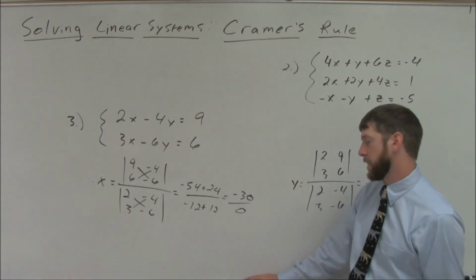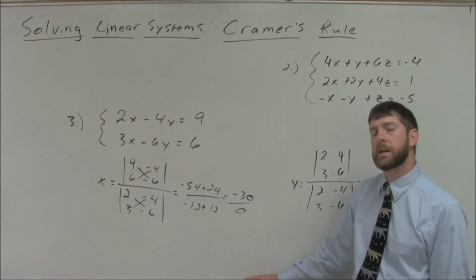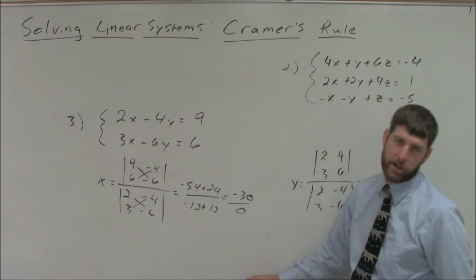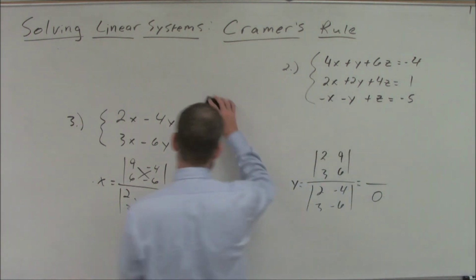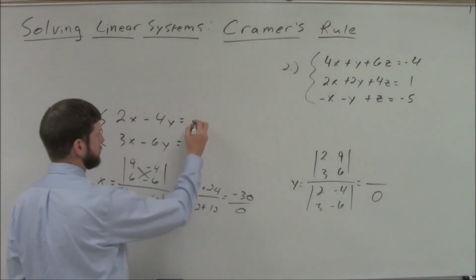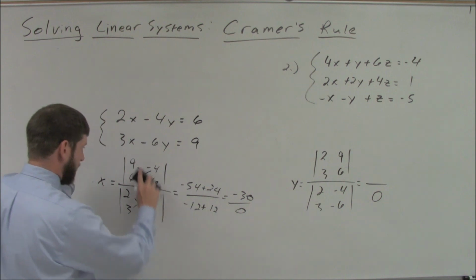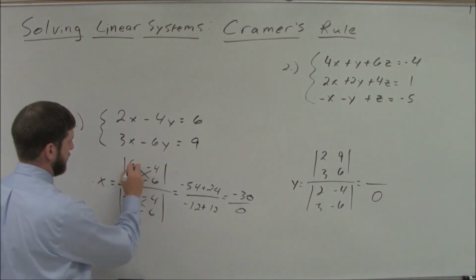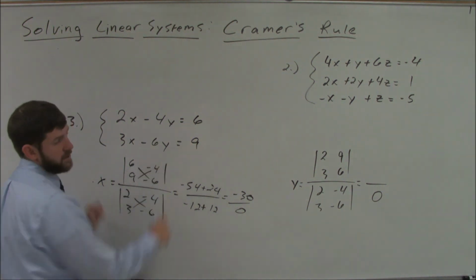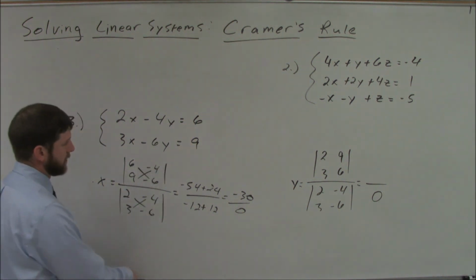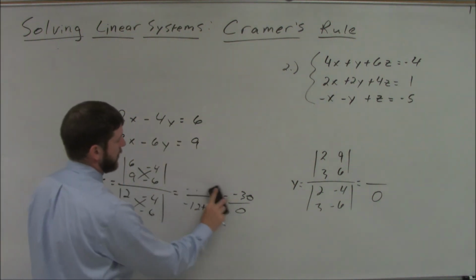Now I'm going to tell you this is going to happen and will also help you if you remember it. If your numerator also gives you 0 while the denominator gives you 0, that will be your infinitely many solutions. Say we had this right here, 6 and 9. If I'd flipped my 6 and my 9, 4 into 6 is 3/2, 6 into 9 is 3/2, so we get infinitely many because the slopes and y-intercepts are now matching up.